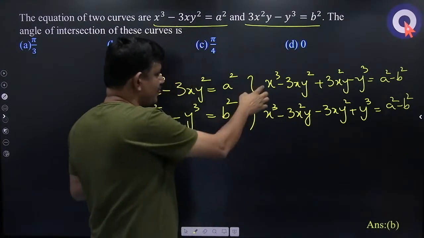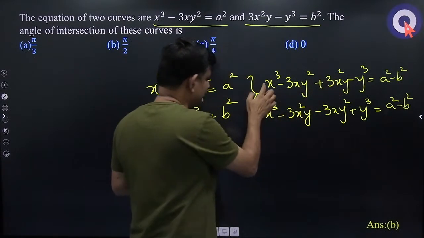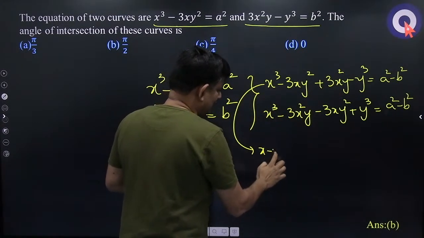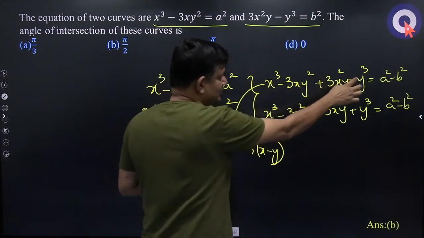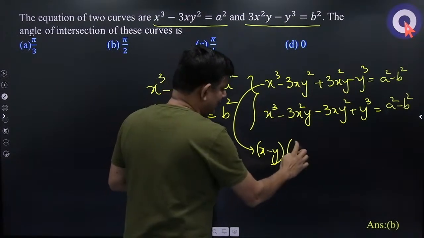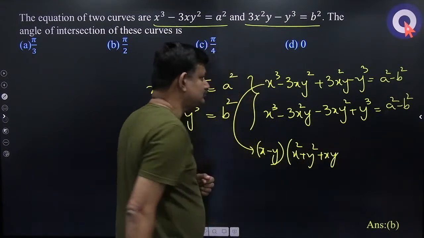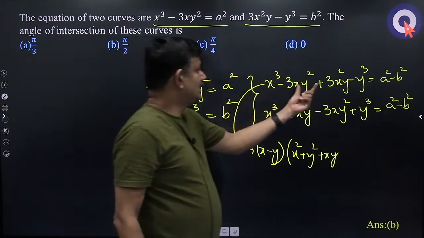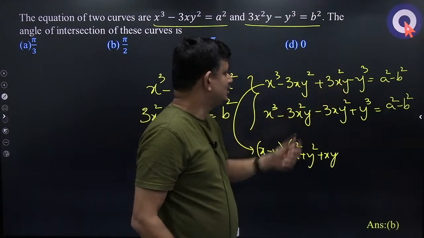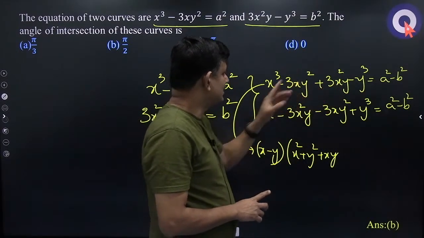In the first one, I can take x minus y common. x minus y into x cube minus y cube is x minus y into x square plus y square plus xy. Then in the second term, if I take 3xy common, I am getting x minus y.